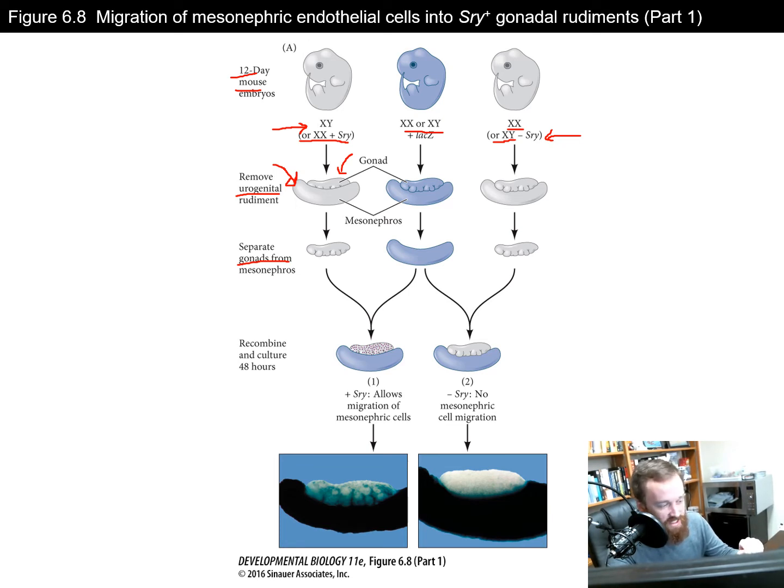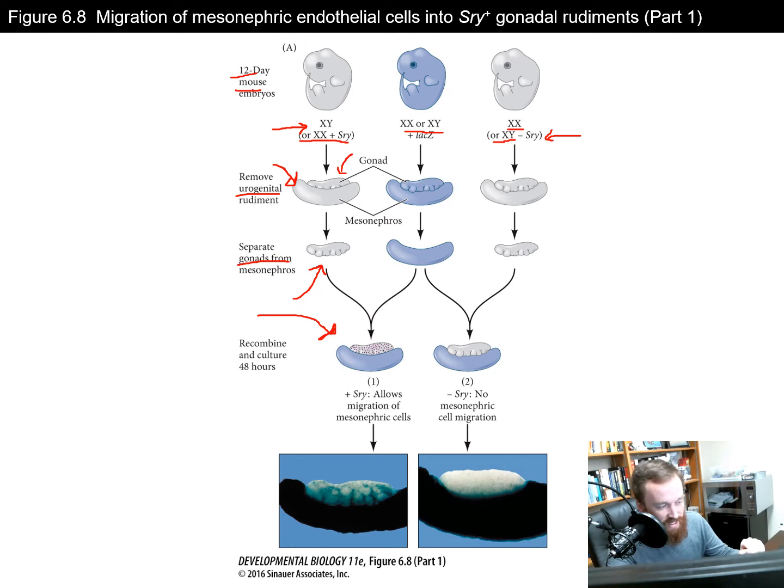Now, what they did is they recombined these in different pairs. They took that kidney tissue that is stained blue, and they combined it with XY male, or XX with SRY, female with that SRY gene, gonad tissue.